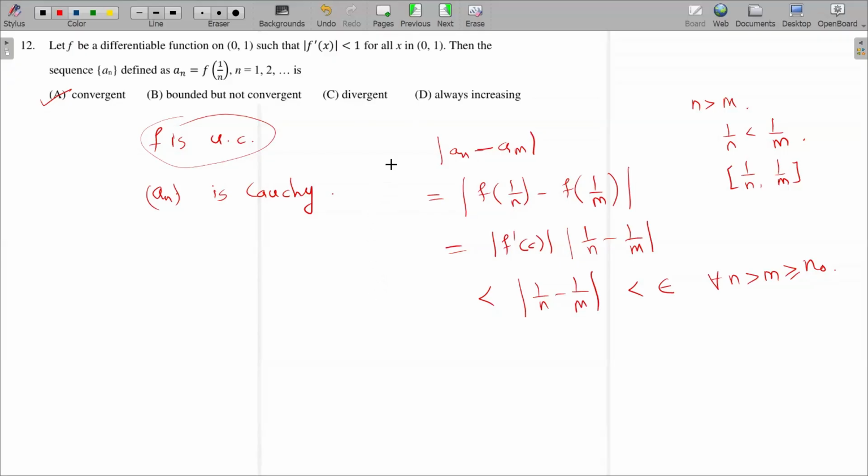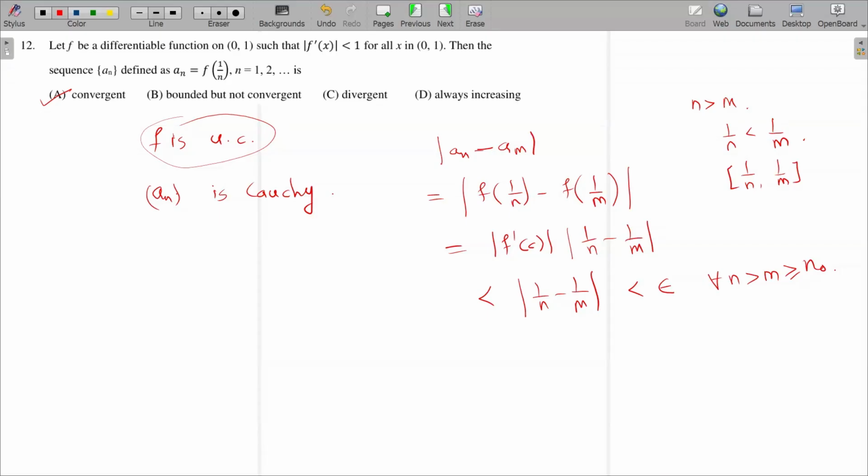Right. Thank you. Sir, otherwise, if we assume it is uniformly continuous, then a uniformly continuous function carries Cauchy sequence to Cauchy sequence, correct? There are some conditions on the endpoints or something like that.